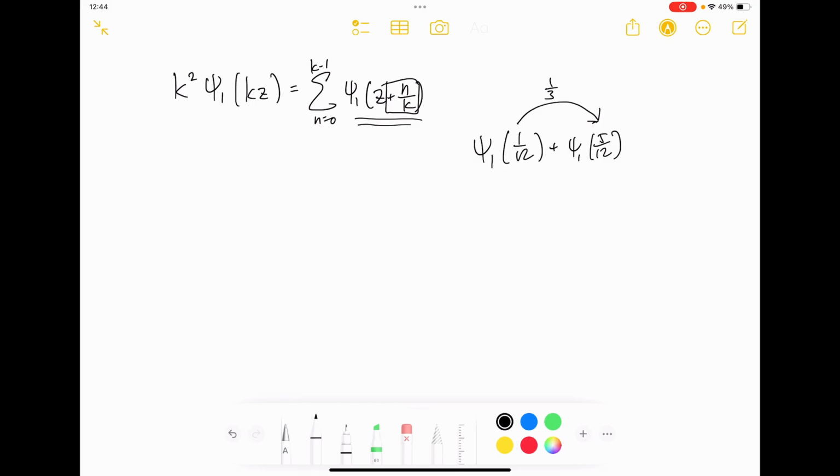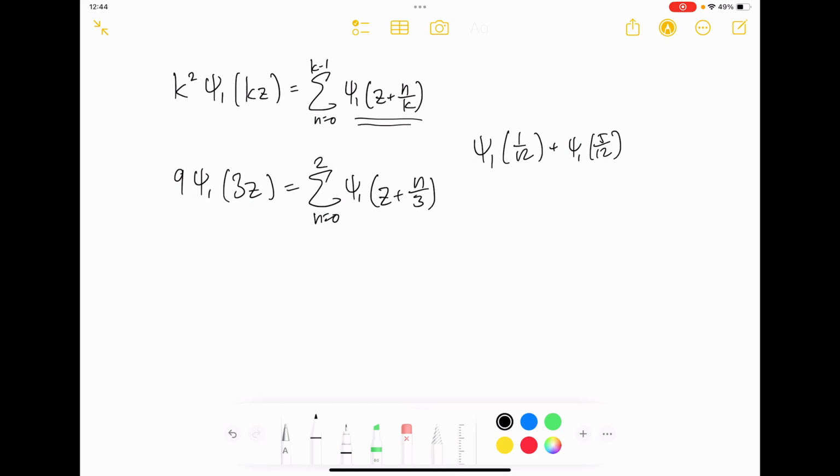So that means at some point we want n over k to be a third. And what better way to do that than to just set k equals 3, because when we set k equals 3, n is going to be 1 at some point in the sum. So if we set k equals 3, we are going to have 9 times trigamma of 3z, which is equal to the sum from n equals 0 to 2 of the trigamma of z plus n over 3. And yeah, that's it.